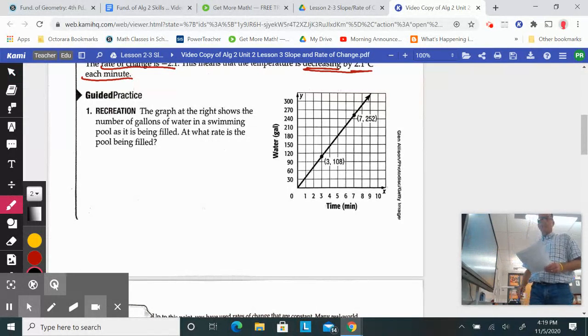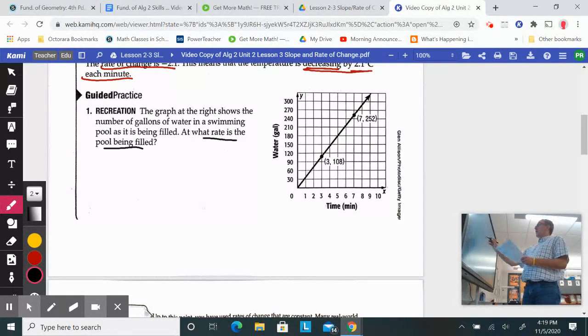To find the rate of change of the pool being filled, I'm going to have the rate of change, ROC, I'll call it. You find that by the change in the y's over the change in the x's. Now the y's are the dependent.